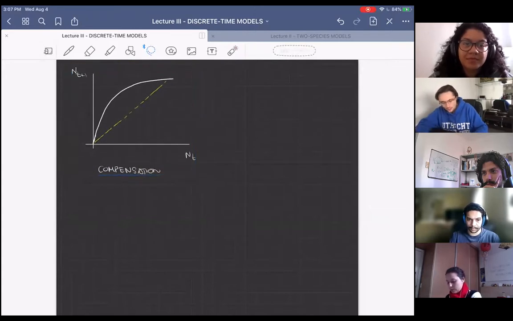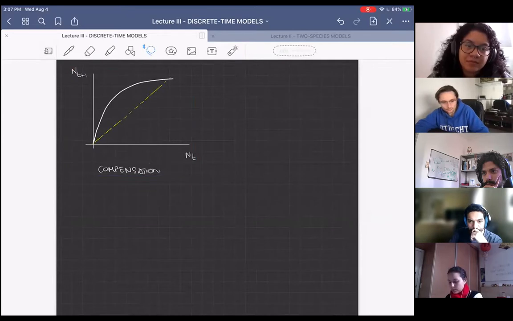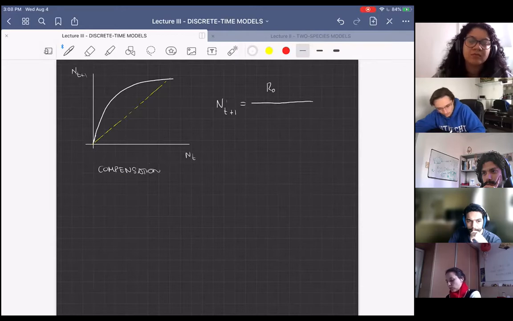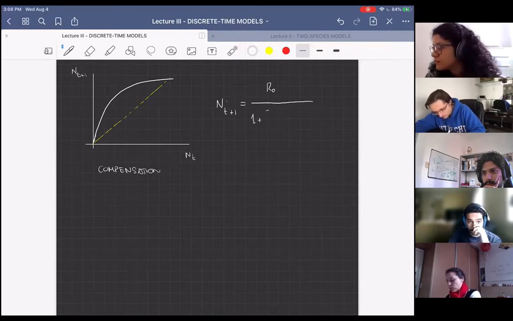Okay. So this is very nice. I put the figure here. You have this nice plot, but we need an actual mathematical form for our model. So the one that we are going to use, I'm going to give you also the name, but just let me copy the form, which is not very intuitive.